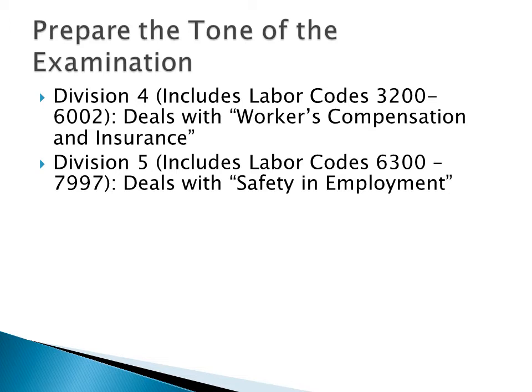And Division 5 includes labor codes from 6300 all the way up through 7997. Deals with safety and employment. So think of it. That's a whole lot of labor codes, all the way from 3200 all the way up to 7997. That's the totality of Divisions 4 and Divisions 5.